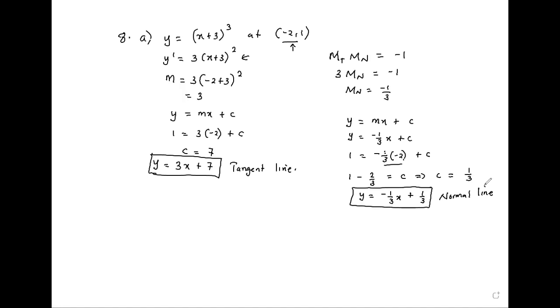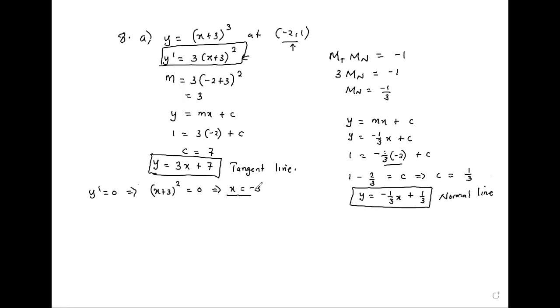To graph the function, we need to find its turning points. So we get back to the first derivative and equate it to 0. So y prime is equal to 0 implies that (x plus 3) squared is equal to 0, so that x is equal to -3.